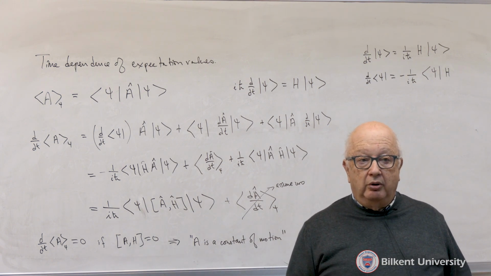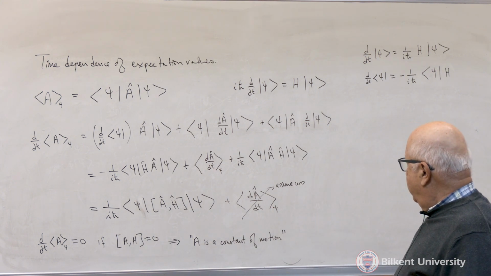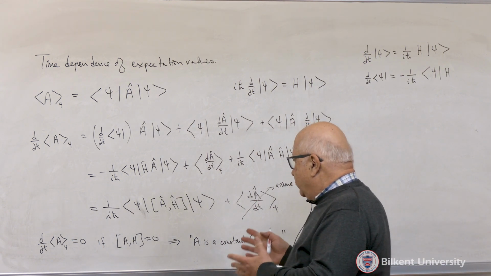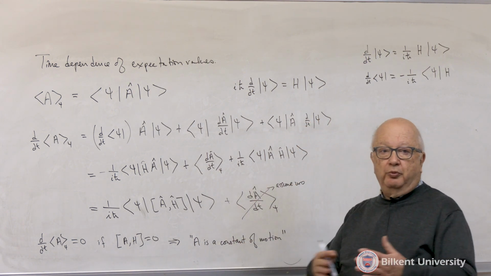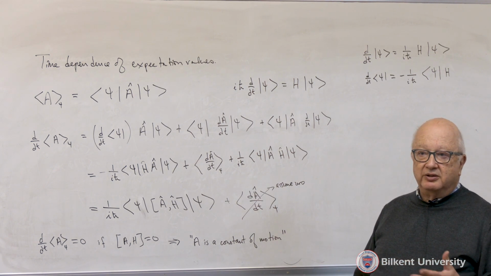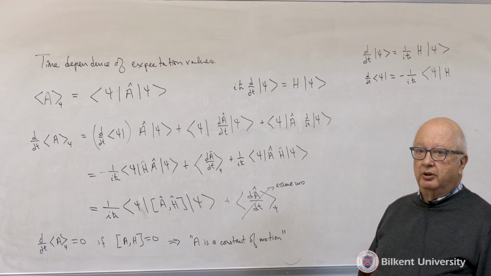For example, if we have a system in which the momentum commutes with the Hamiltonian, then we say momentum is a constant of the motion.